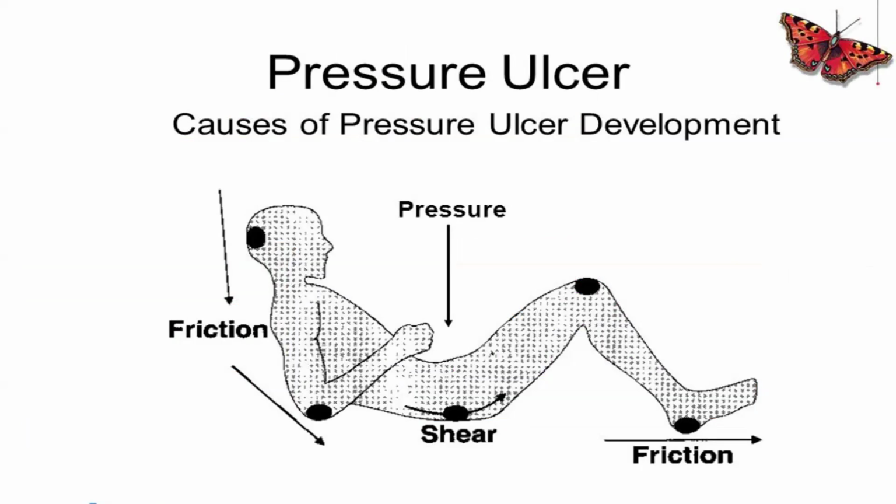Again, the causes of pressure ulcer development, as you see, are pressure forces, friction forces, and shear forces. And that is why pressure ulcers show up in certain areas of the body.